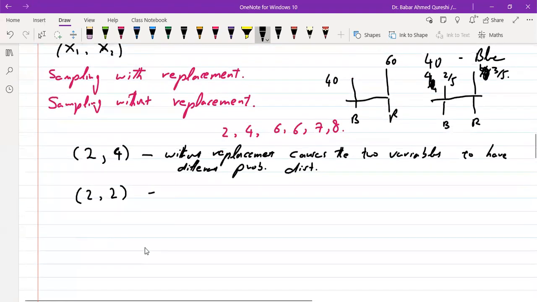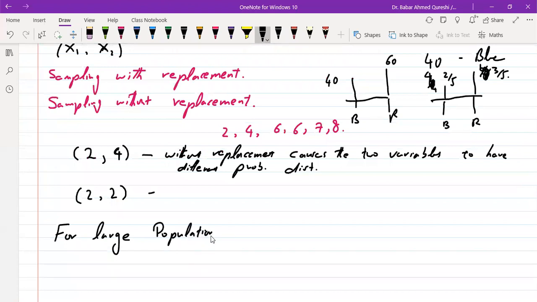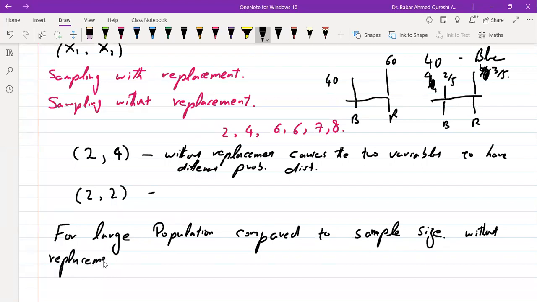So for most practical purposes, for a large population compared to the sample size, sampling without replacement is just like with replacement.